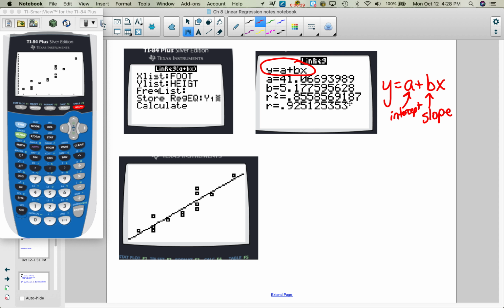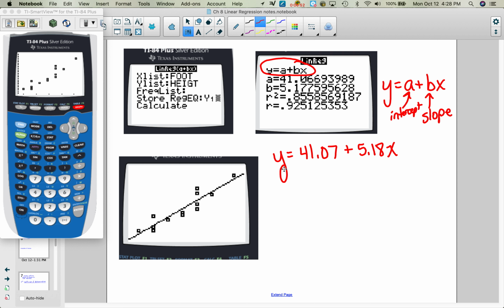So we have this equation. Now, you could write the equation like this if you fill in the values. We could say Y equals 41.07 plus 5.18x. So I could use an x and a y, but you don't want to do that, because if you use an x and a y, you have to make sure that you define your variables.